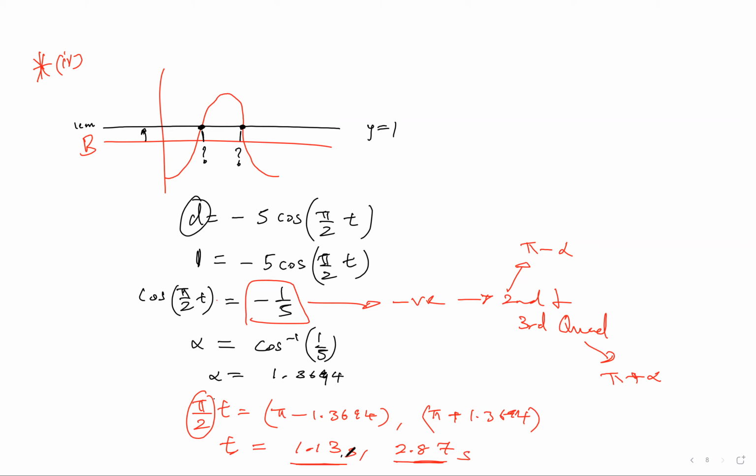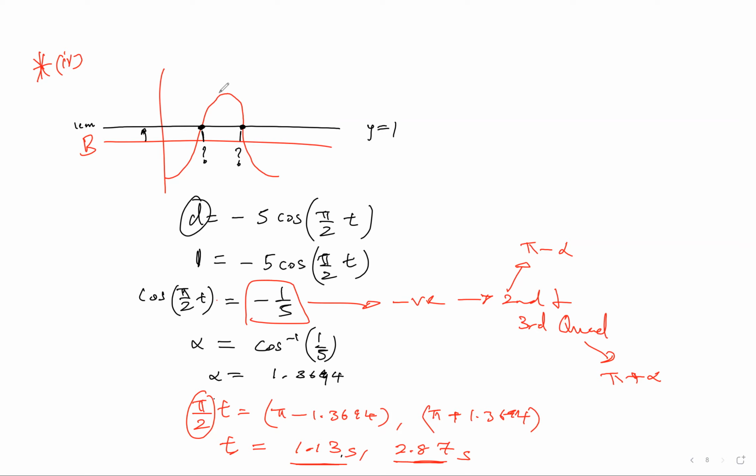Now, I want you to hear me very carefully, because this is the tricks and tips that you can gather. What some of the teachers will do is they will not stop here. They will not just ask you for the two earliest timings. They will ask you, how long does it stay above the 1 cm above B?